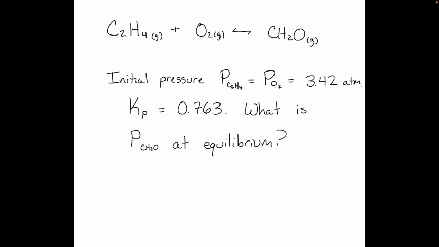Right? So in this particular problem, I'm not asking you to solve for the equilibrium constant. I'm giving you the value of the equilibrium constant, and we're going to use that to figure out what our concentrations are, in this case our pressures, at equilibrium.